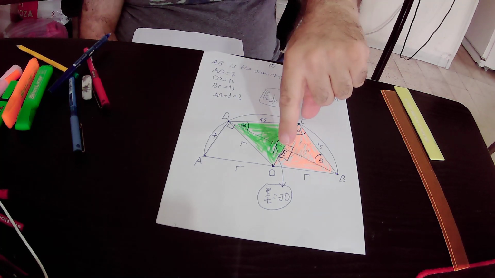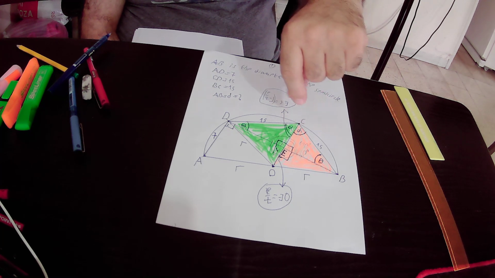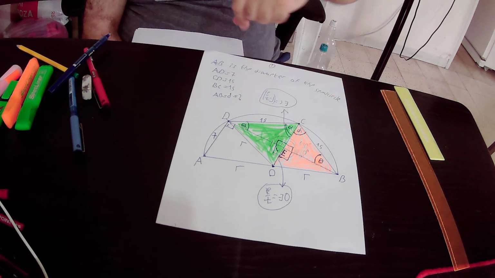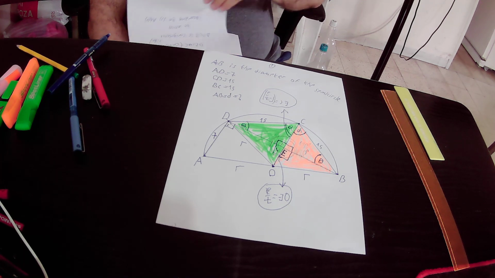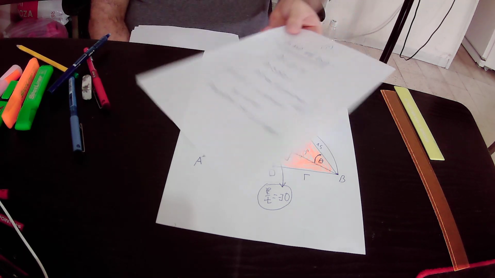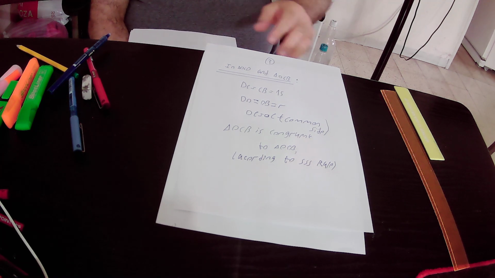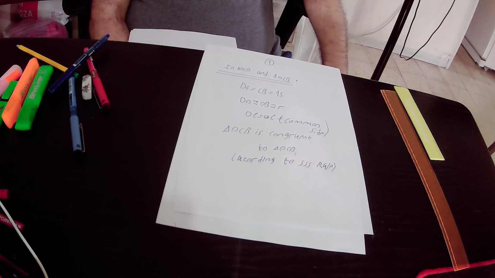And OC is a common side, it belongs both to the green triangle and also to the orange triangle, so OC equals OC. So we actually proved that all the sides of the green triangle are equal to all the sides of the orange triangle. Therefore, we proved that the green triangle is congruent to the orange triangle according to the side rule.